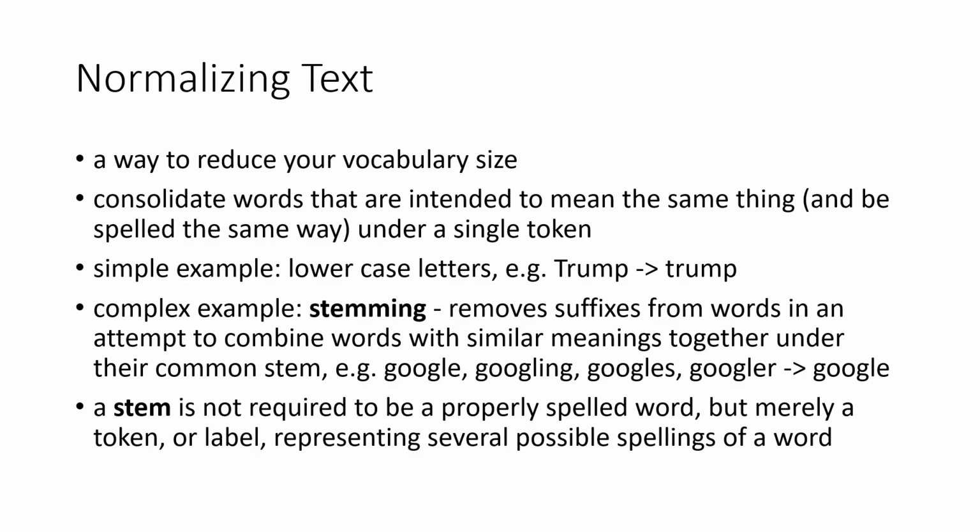One of the vocabulary reduction techniques is to normalize the vocabulary, so that tokens that mean similar things are combined into a single normalized form. Normalizing word and character capitalization is one way to reduce vocabulary size. It helps to consolidate words that are intended to mean the same thing and be spelled the same way under a single token.